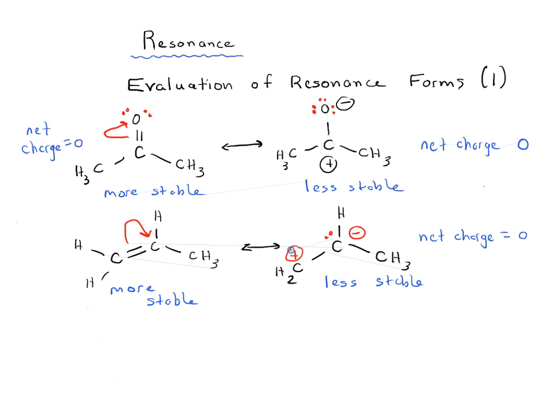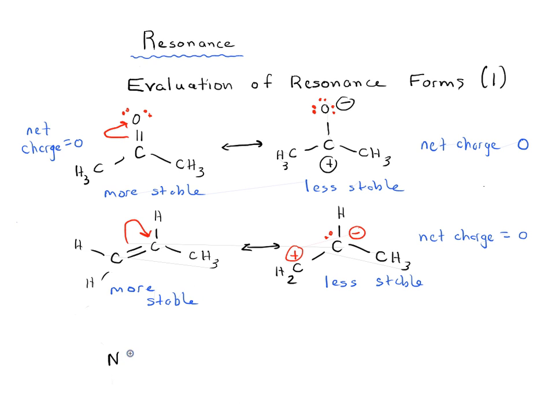But because it has these point charges, each atom bears a formal charge. This one bears a formal charge of +1, this one bears a formal charge of -1. This is going to make it a less stable contributor to the resonance hybrid, or a less important contributor to the resonance hybrid. It's not going to be as important. So this one on the left is going to be more stable.